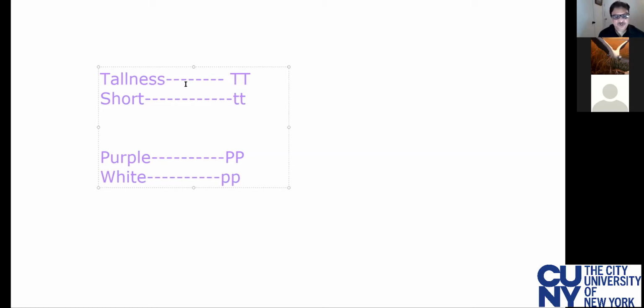The message here is that each genotype can give rise to a phenotype. When a plant has a gene or chromosome small t, then the plant is short. When it's big T, then it is tall. Okay? So that's phenotype and genotype.